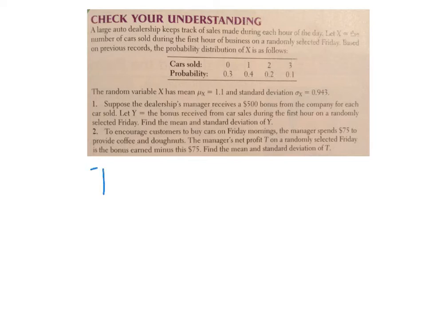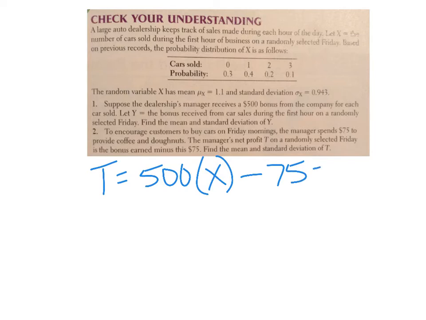So I need to keep in mind that T is going to be 500 times the amount of cars sold minus that $75 that he spends. We can also write this as Y, because 500 times X was Y, minus that $75.